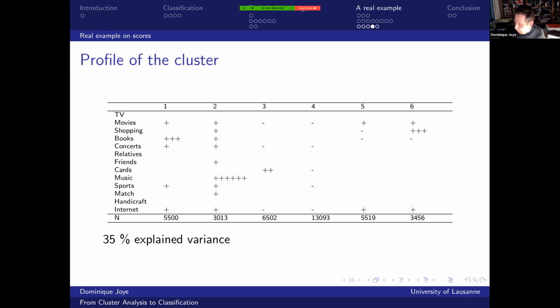First point, you see that I explained 35% of the variance, which is okay, but not so much. So my solution is probably correct, probably relatively meaningful, but it will in any case not be a scientific discovery. So that means that, okay, it is interesting as a summary, but probably the other ways to do the analysis are more important. That's the first point.